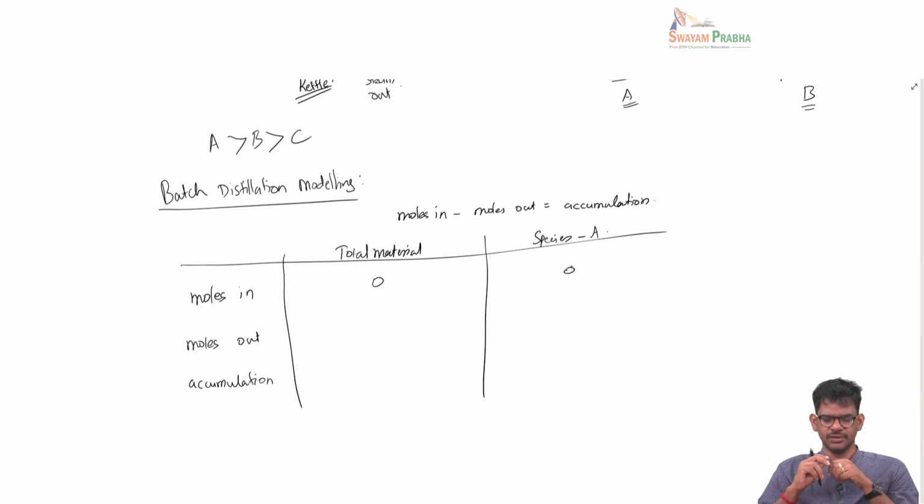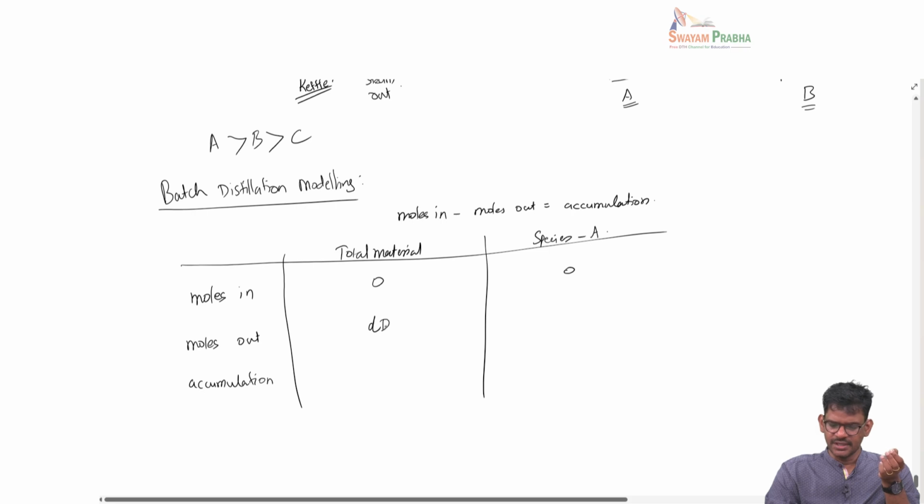Moles out. Here we will say a very small, differential amount of vapor is created, which we denote as dD. As far as the species is concerned, what is actually going out? You have to think about this more like a semi-batch system. You start with the liquid mixture, and then constantly you are creating vapor.